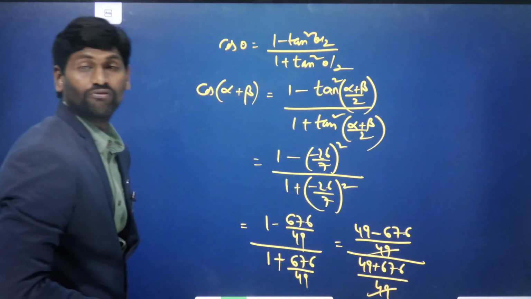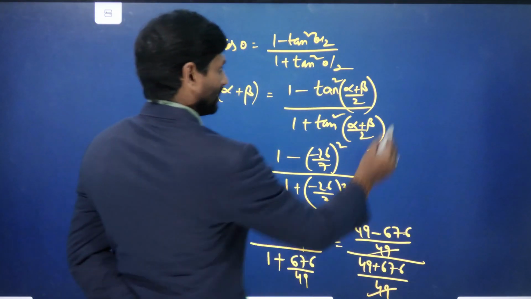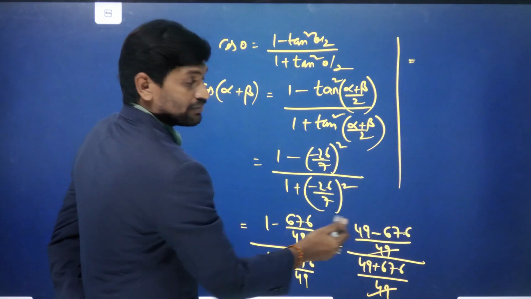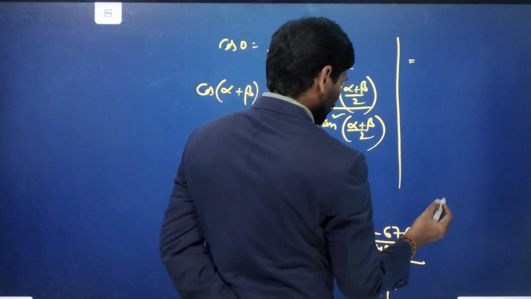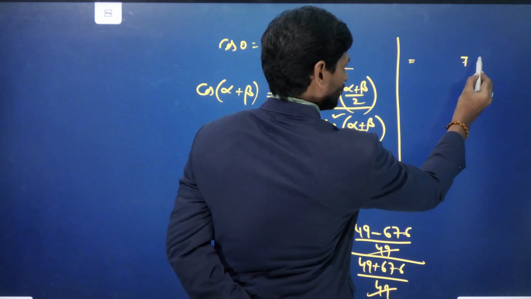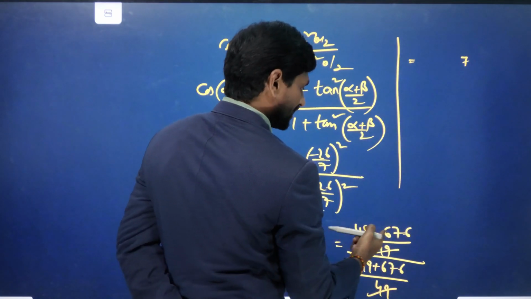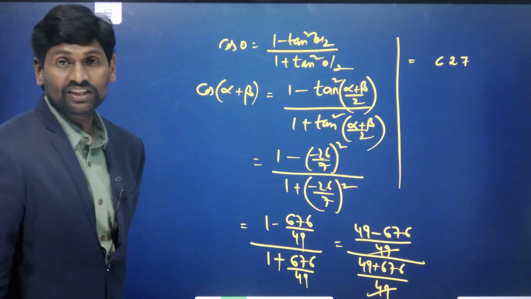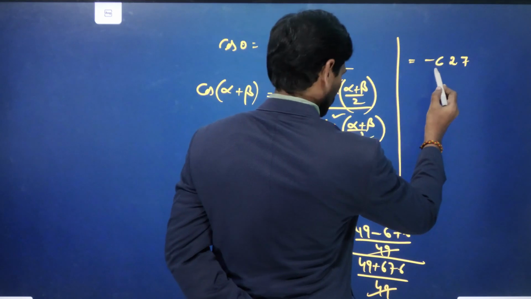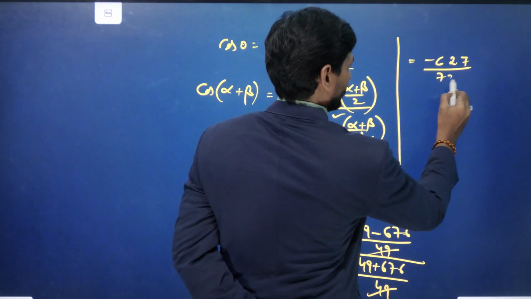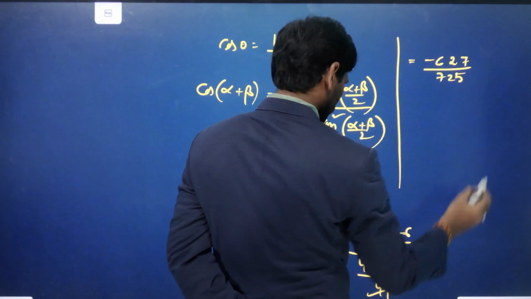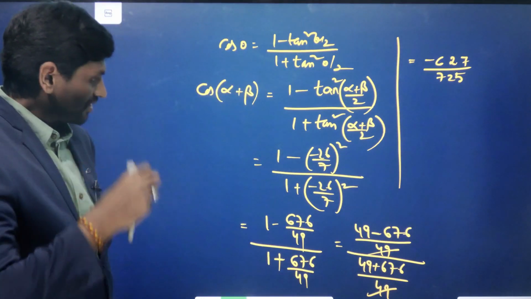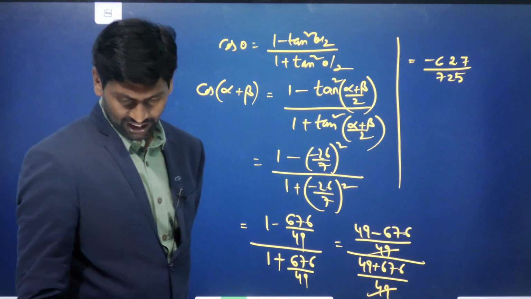Both the denominators are 49, we can cancel. Then the remaining value is, subtract here, 676 minus 49, and that will be 627, minus 627 by 725. Yeah, 725. Okay? That is the required answer.